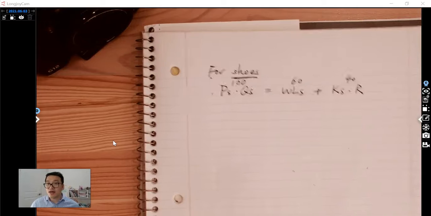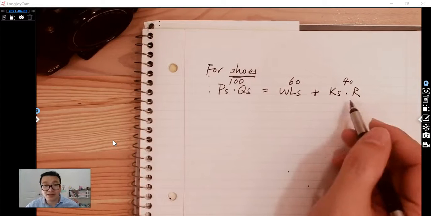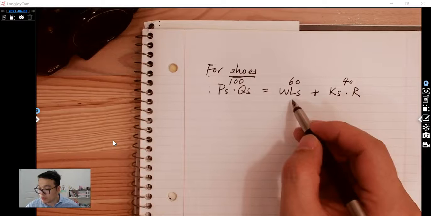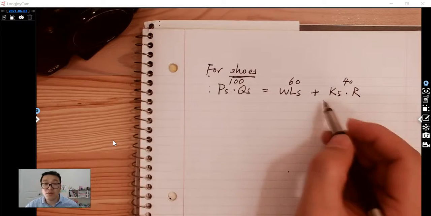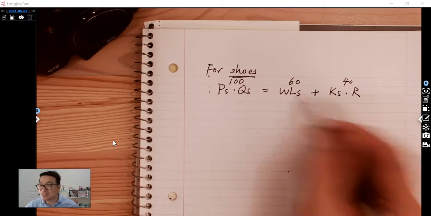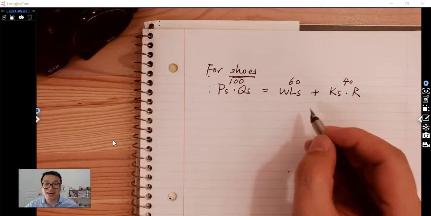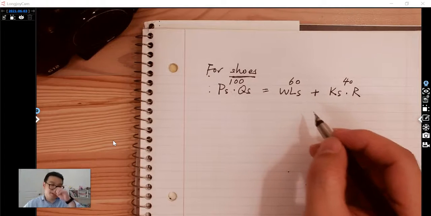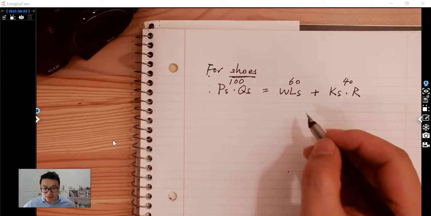Also you can see here this W and R, the workers' wage rate in the shoes industry and rental to capital in the shoes industry, will be exactly the same as the wage and rental for labor and capital in the computer industry. Why is this the case? Why can workers work for the computer industry or shoes industry and still earn the same income?